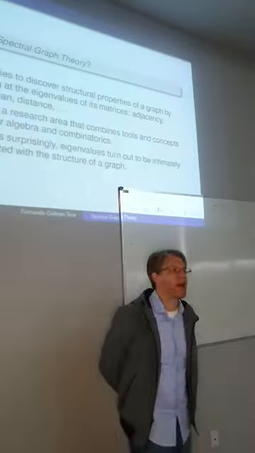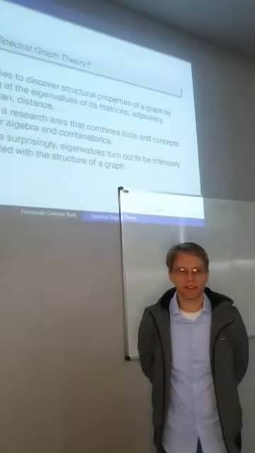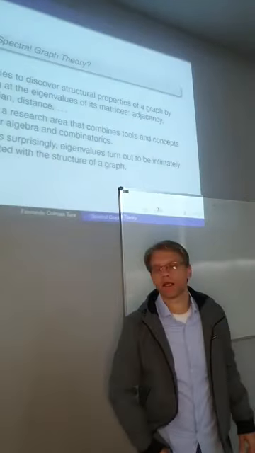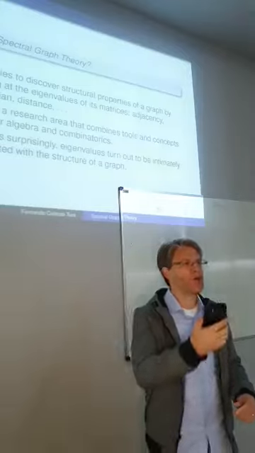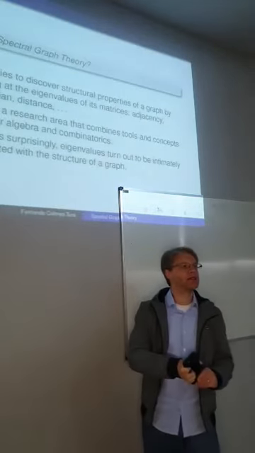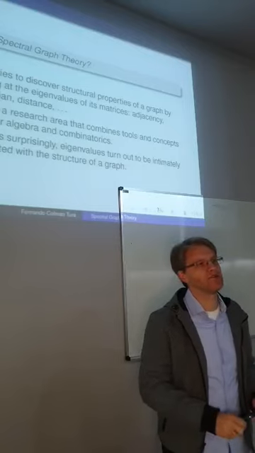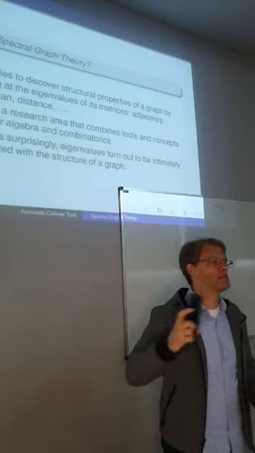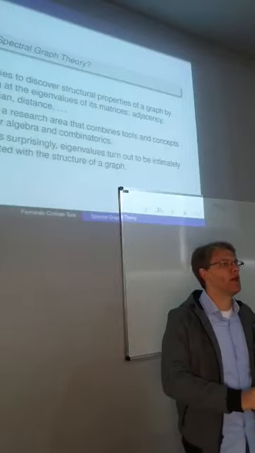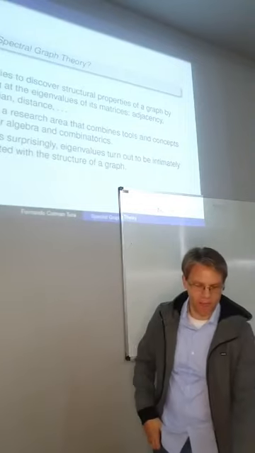When people ask me what spectral graph theory is, I like to play a game. Suppose you have your cell phone playing some song, and you are trying to figure out who is singing, what is the name of the song, what is the name of the band. Spectral graph theory is like that.